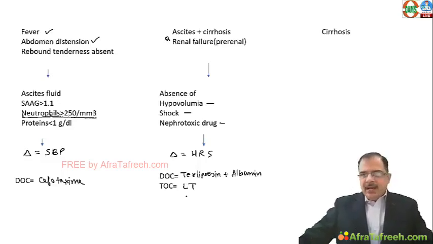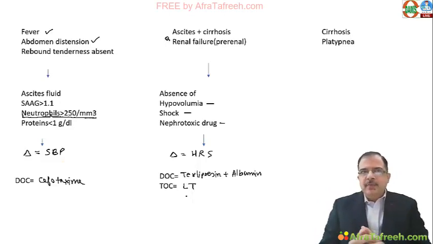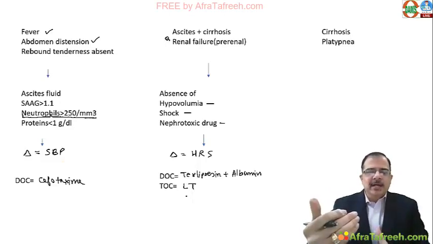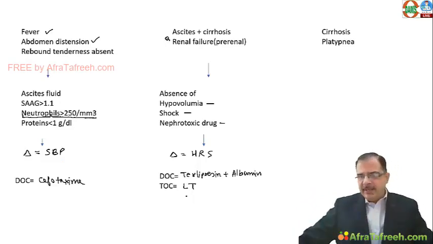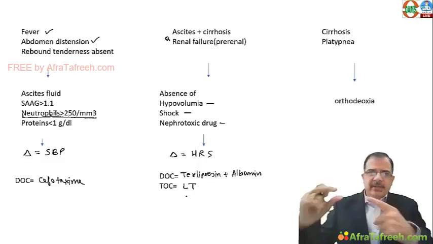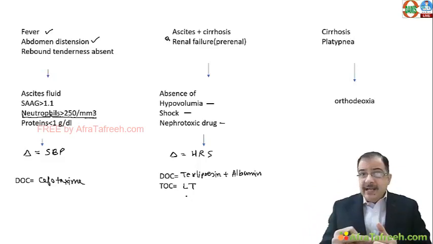While cirrhosis is mentioned, let's come to the third complication. The patient has platypnea, which means the patient has more breathlessness in a standing position and improves in a lying down position. So, cirrhosis with platypnea. An investigation was done in which the oxygen saturation dropped in a standing position.